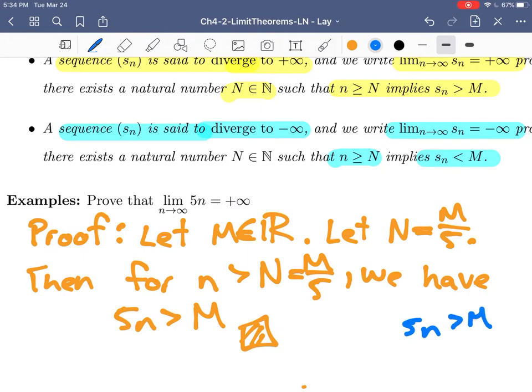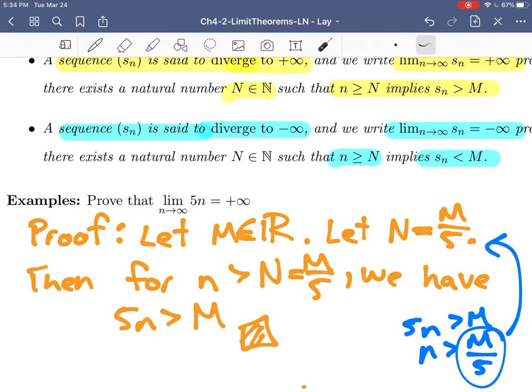Divide both sides by 5, so we need n to get bigger than m over 5. Oh, that's the choice that we are going to make for our value of N up here. We did that in scratch work, so that blue stuff right there would be considered scratch work, but that's what we did in the background to identify this choice.